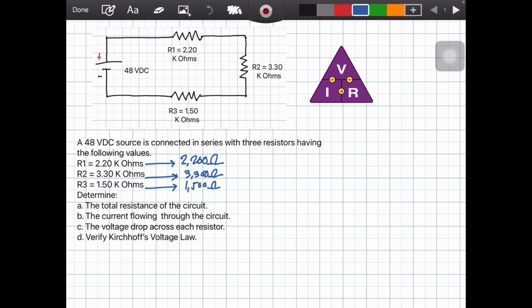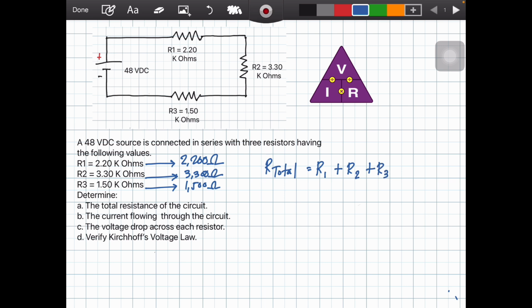How do we do that? Since it is a series circuit, we do it this way. R total, RT for short, is equals to R1 added to R2, then added to R3.